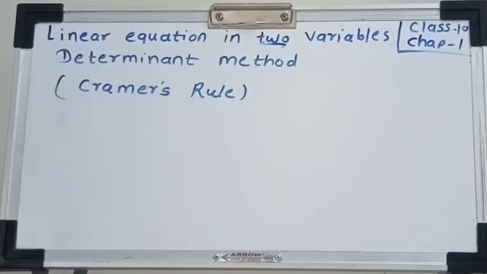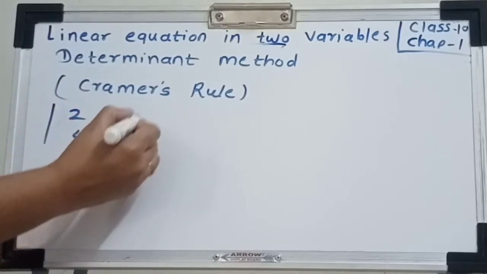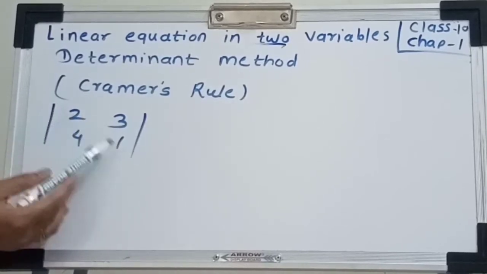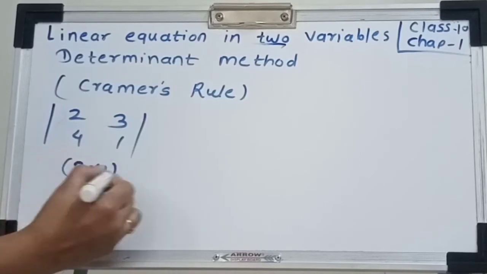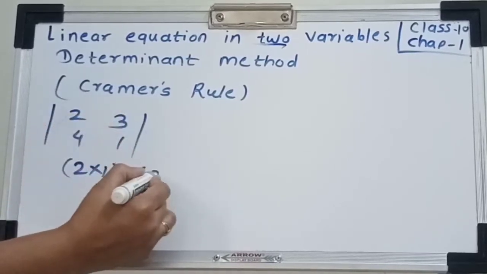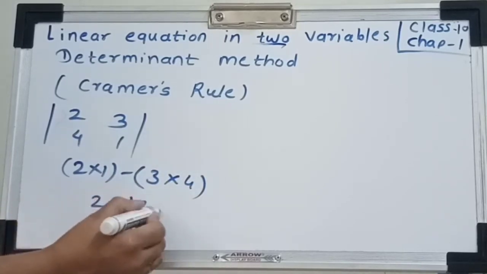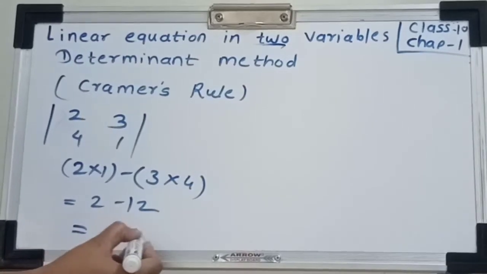Now, how to solve it? Suppose we are given the determinant 2, 3, 4, 1. Solve it by cross multiplication. Multiply 2 into 1, minus 3 into 4. 2 into 1 is 2, 3 into 4 is 12. 2 minus 12 is minus 10.